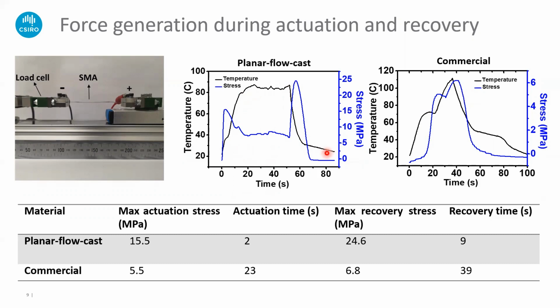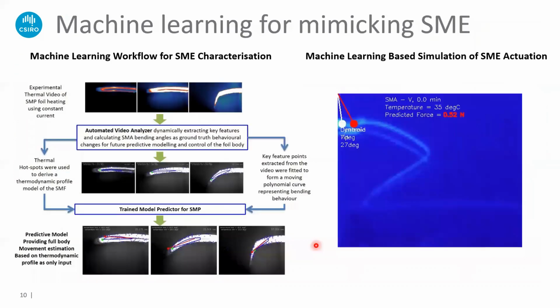And we can see that the planar forecast material has much higher stress, whether at the actuation point or at the recovering stage, and also has a much shorter actuation time and recovery time compared to the commercial one.